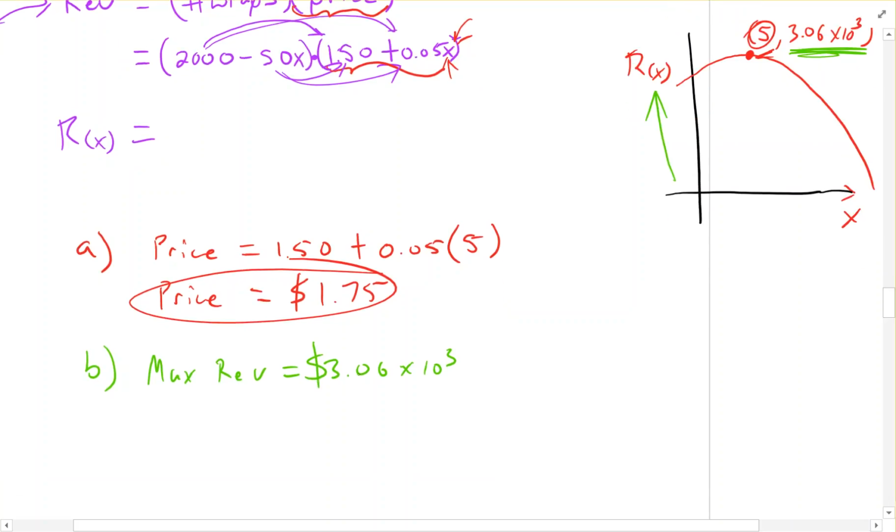But that might not make much sense to think about what that means. So this is times 10 to the 3, which really means the decimal place is going to move over 1, 2, 3 times. This is the same thing as $3,060.